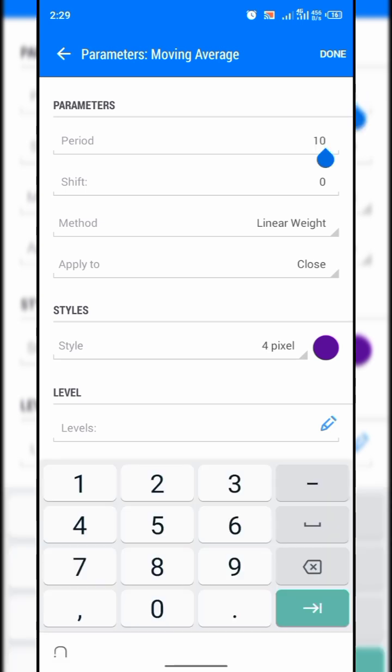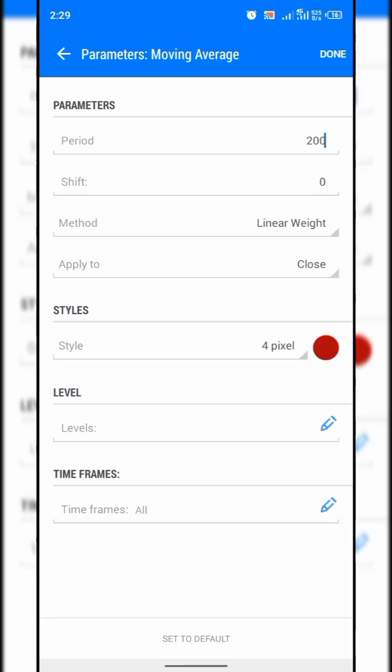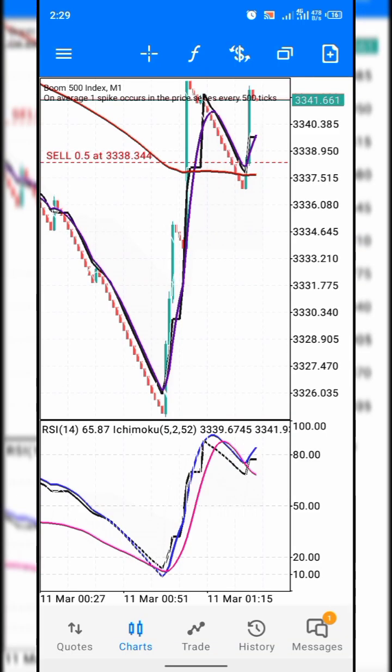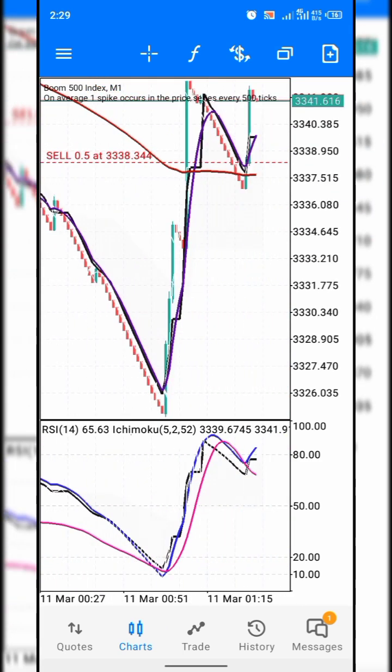I'm going to change this period to 200. Change the color of the lines to maybe red, and then click done. Now we have it here. These are the indicators that you need.